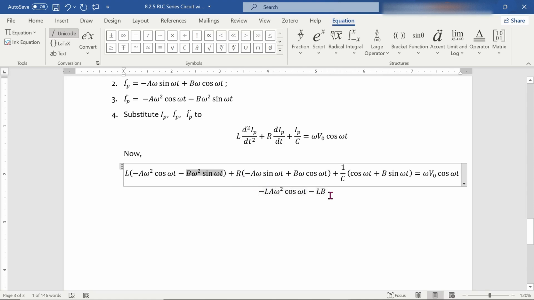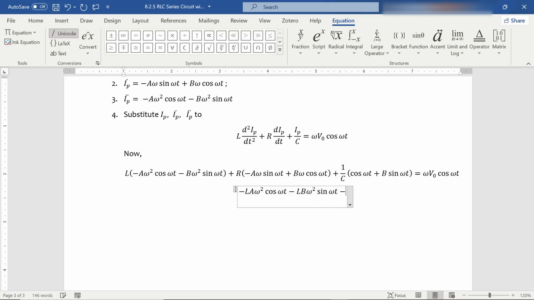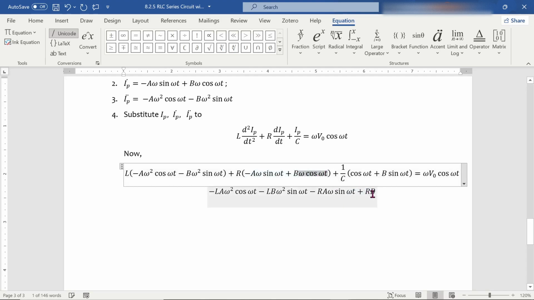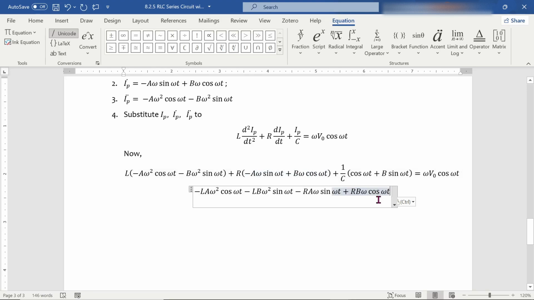It becomes simpler if we distribute this to the parentheses. Minus RA sine of omega t, minus RA omega sine of omega t. We have plus RB omega cosine of omega t, plus we have A cosine of omega t.